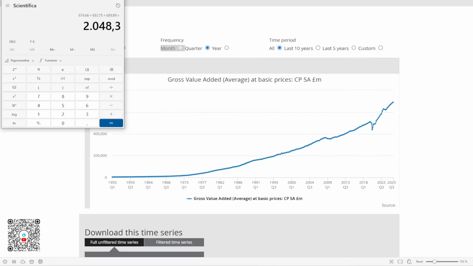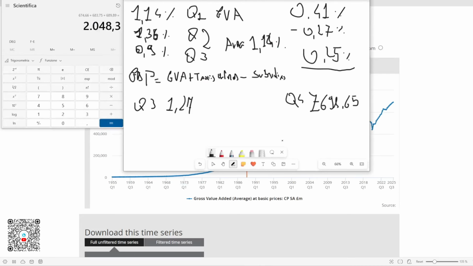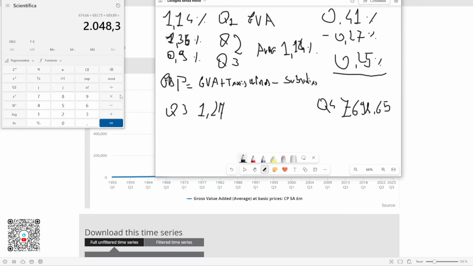Okay, then we add our projected Q4, 698.65, and we get to the gross value added for 2025.